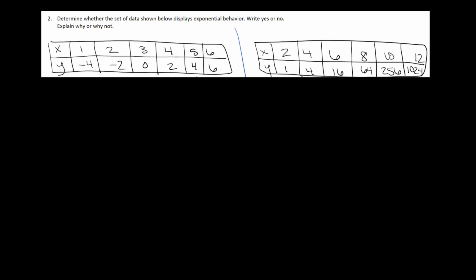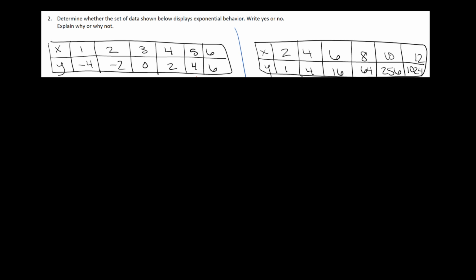The second problem says determine whether the set of data shown below displays exponential behavior. Write yes or no and explain why or why not. Okay, I'll explain it as I'm doing it. So in this first problem, we have x equals 1, 2, 3, 4, 5, 6. So those are all even intervals, right?